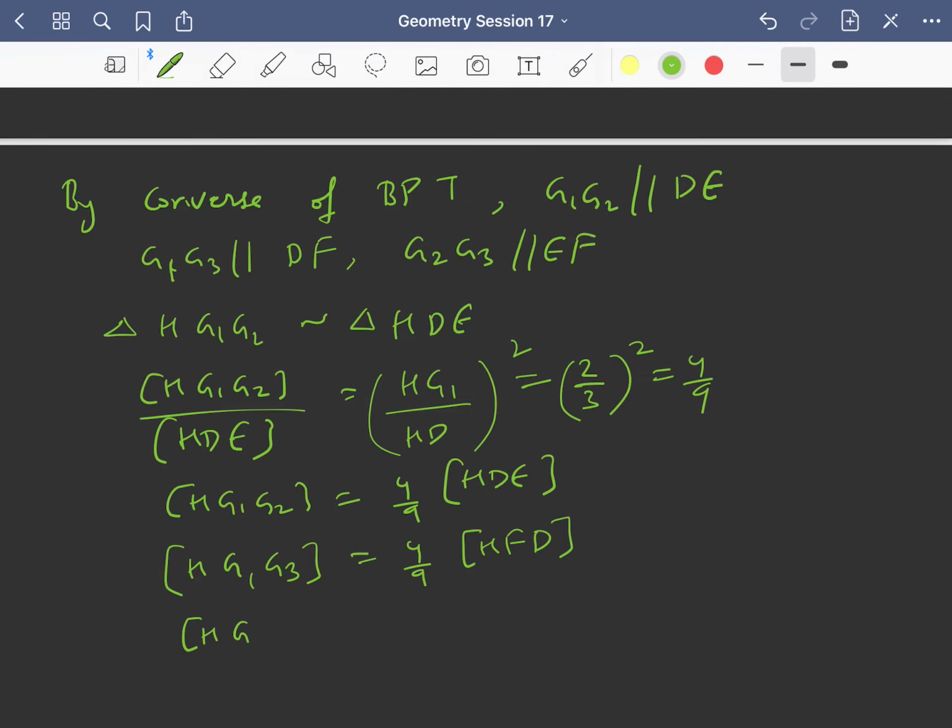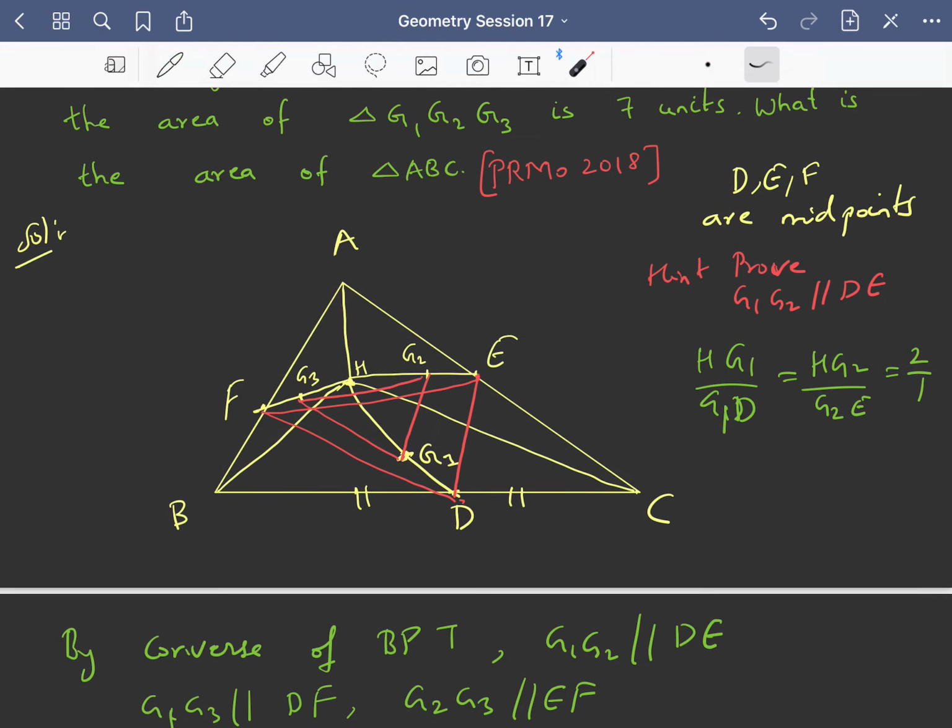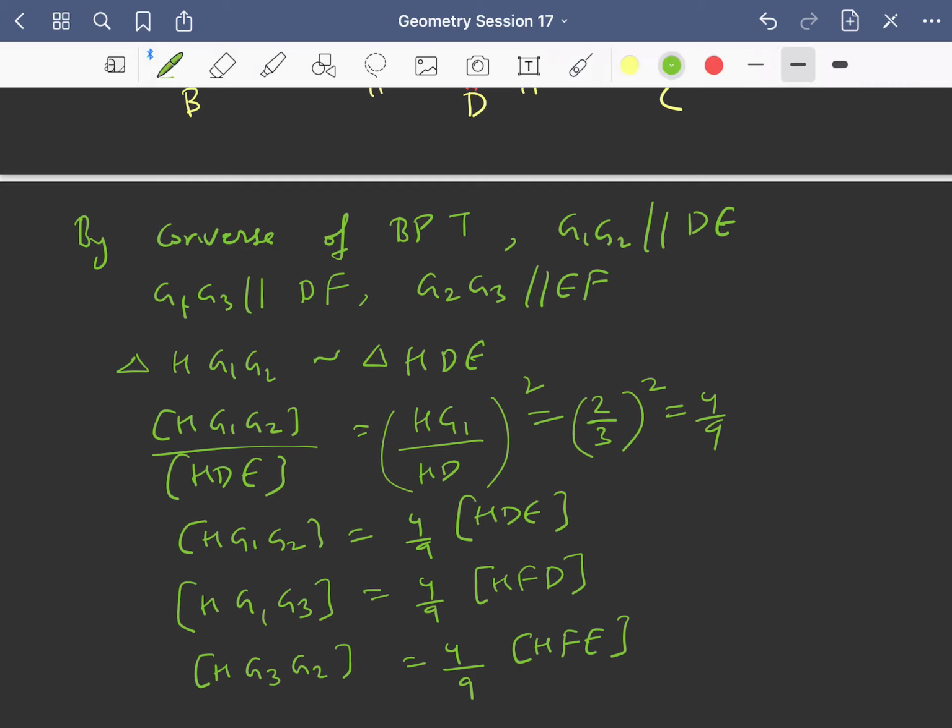So you have the areas of HG1G2, HG3G1 and HG2G3 in terms of HDE, HFD and HFE. I'm naming these equation number 1, equation number 2, equation number 3.